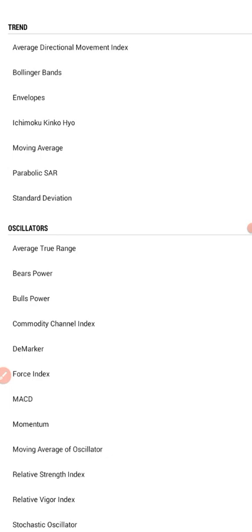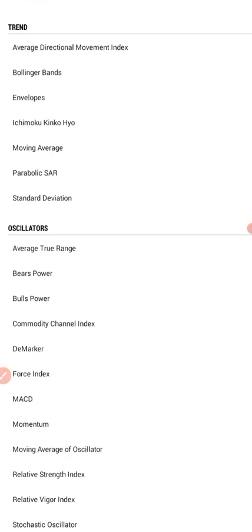We have the average directional movement index, Bollinger Band, envelope, Ichimoku, moving average, parabolic SAR, standard deviation. They are our major trend indicators, but I suggest you only use the moving average and the Ichimoku for trading as a trend indicator.